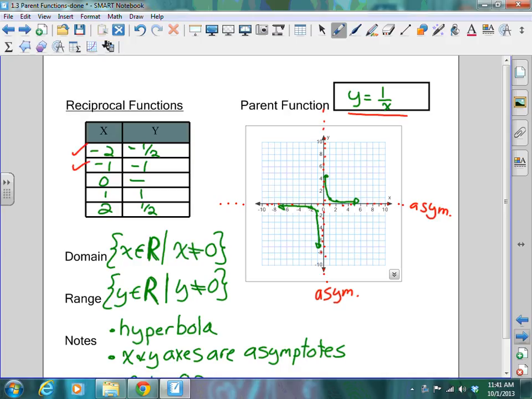If we plug in 0, 1 divided by 0 will give you an error in the calculator, because you will find there's an asymptote there. So for a reciprocal function, plug that in your graphing calculator, and you should hopefully get this graph right here. This graph has key points of 1, 1, and -1, -1.